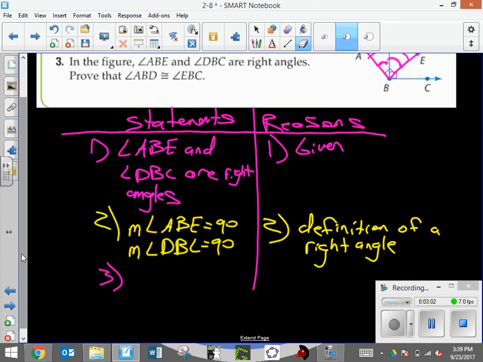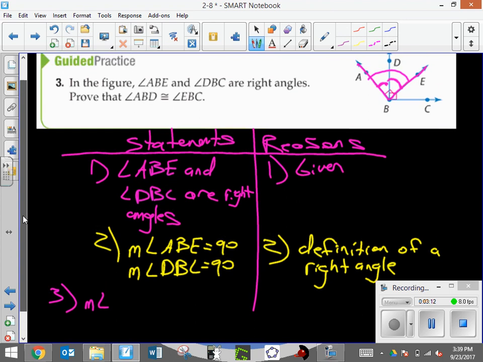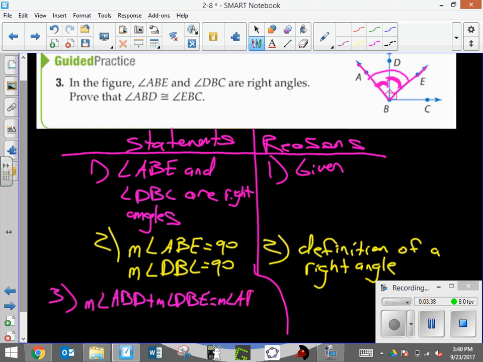So let me scoot this out just a little bit so I have some extra room. We're going to say that the measure of angle ABD, that's this one first, plus the measure of angle DBE, that's this one, is going to equal the entire thing, so equals the measure of angle ABE.